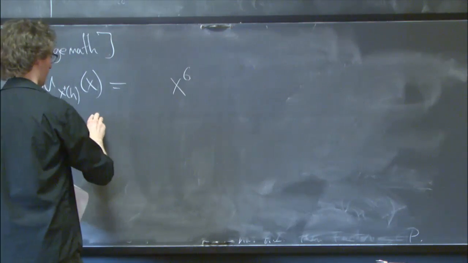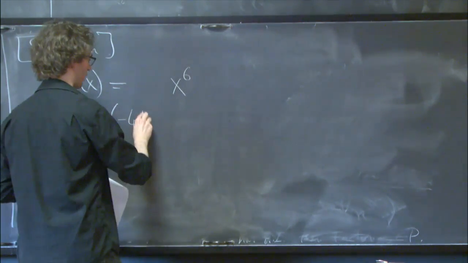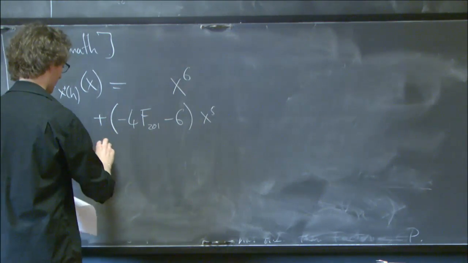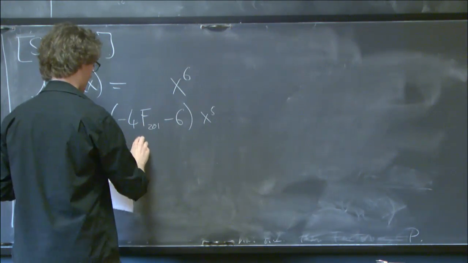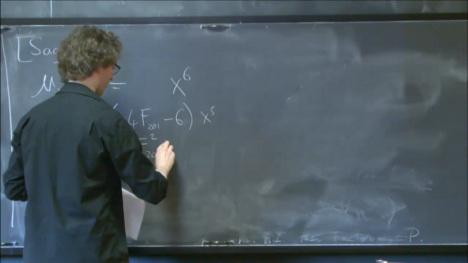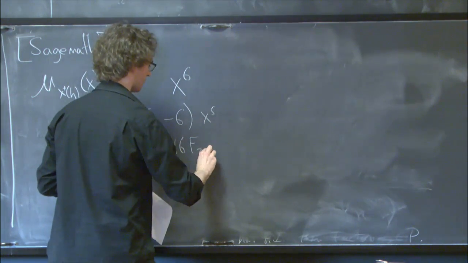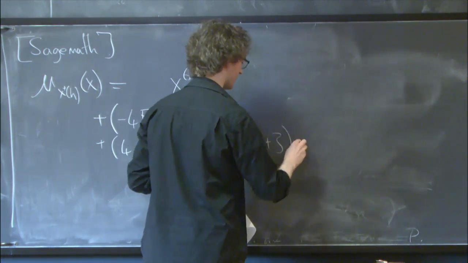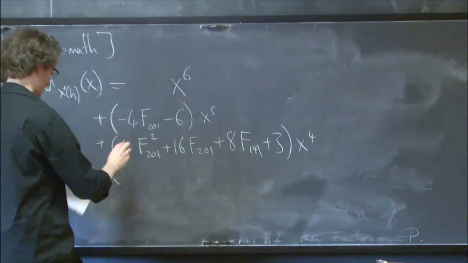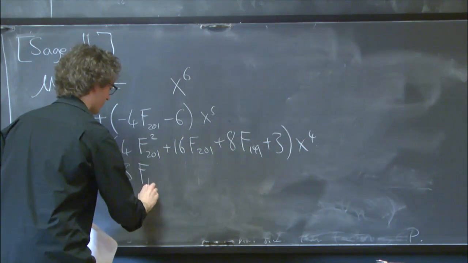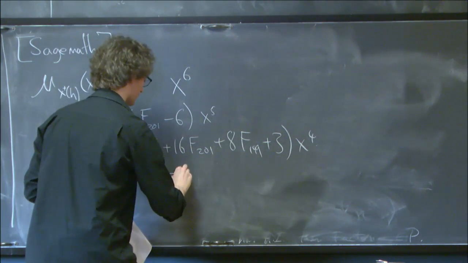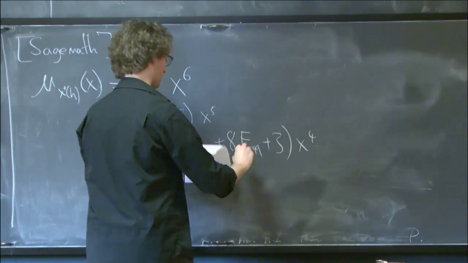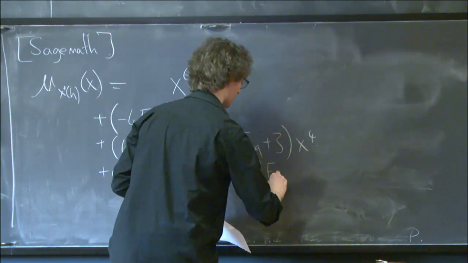This is x to the 6 plus (minus 4 times the 201st Fibonacci number minus 6) x to the 5, plus (4 f201 squared plus 16 f201 plus 8 f199 plus 3) x to the 4, and then 8 times f199 squared minus 44 f199 f201 minus 8 f201.